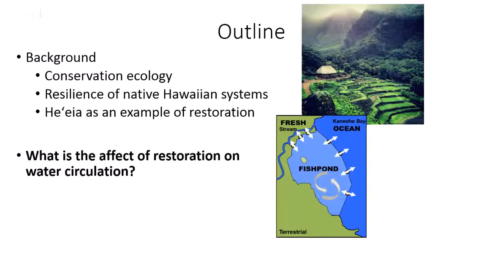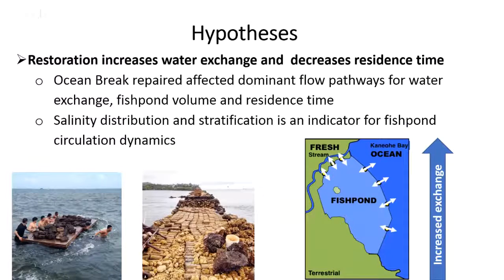So now that I talked a little bit about the background, I want to come to my first hypothesis. We are looking at the effect of restoration on water circulation. While the restoration probably affected a lot of areas in the fish pond, here we are focusing on the impact that the repair of Ocean Break and the addition of a new mākāhā channel had on water circulation.